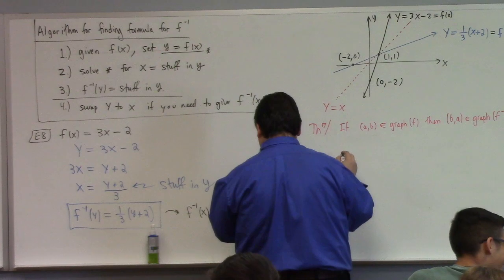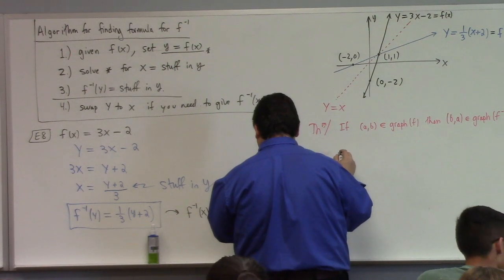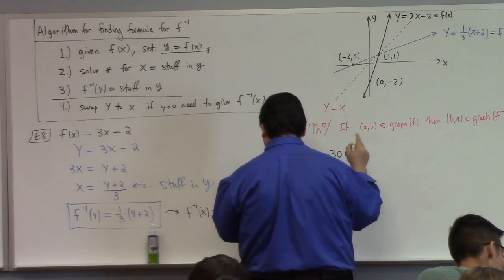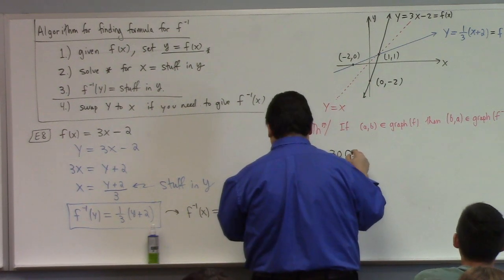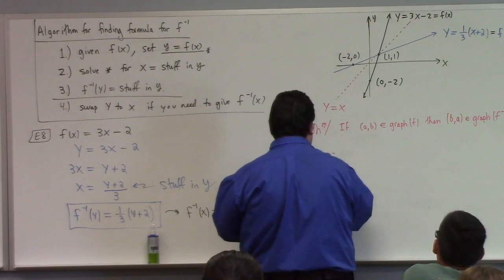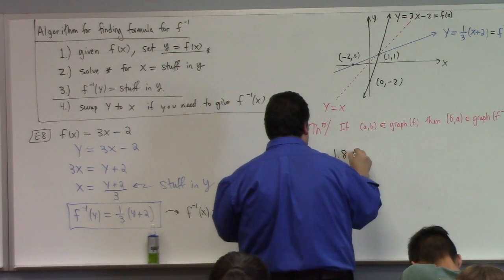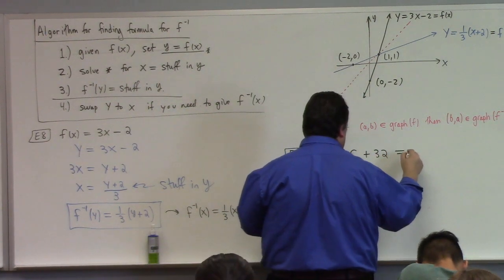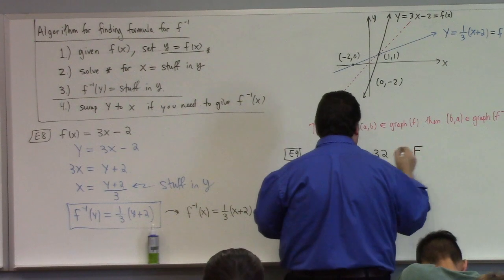All right, so 1.8 times C plus 32 is equal to Fahrenheit.